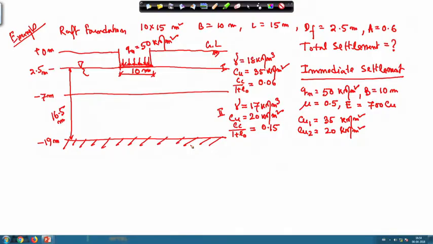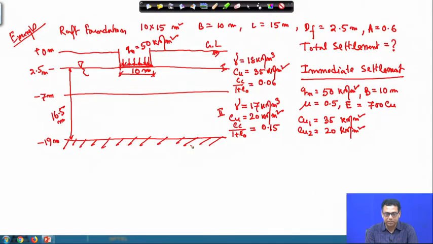Remember that if there is any bedrock or rigid material within this clay layer, then you have to take the influence zone up to that bedrock or rigid layer only, even if it is less than 2B. Here 16.5 is less than 2B, but as it is bedrock we have to consider up to 16.5.